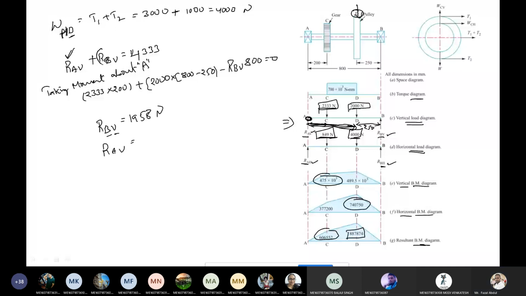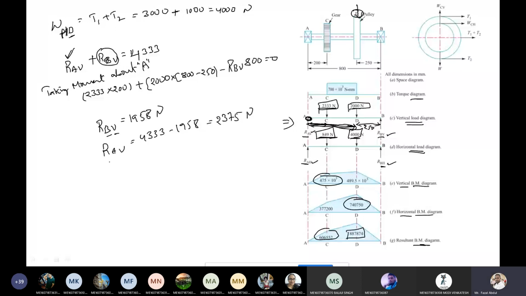So 4333 minus 1958. 2374. How much, Babu? Please tell me again. 2374, sir. Very good. 2374 newtons. Now RAV and RBV are calculated.